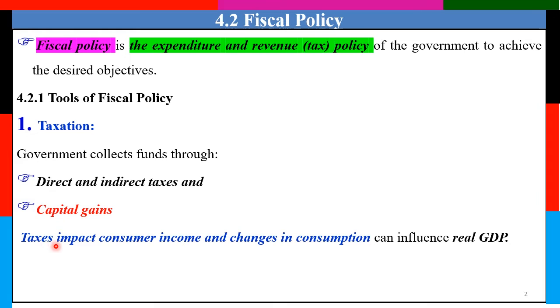Let's say, for example, when the income tax is increasing, the income is decreasing. Income decreasing means the consumption is also decreasing. Consumption decreasing means aggregate demand or real GDP is decreasing, because consumption is an element of the real GDP or the aggregate demand.